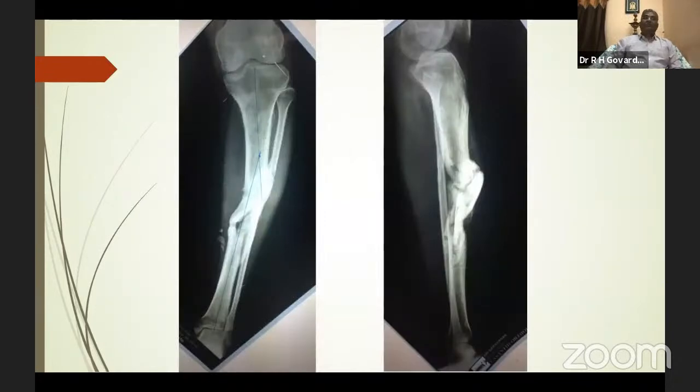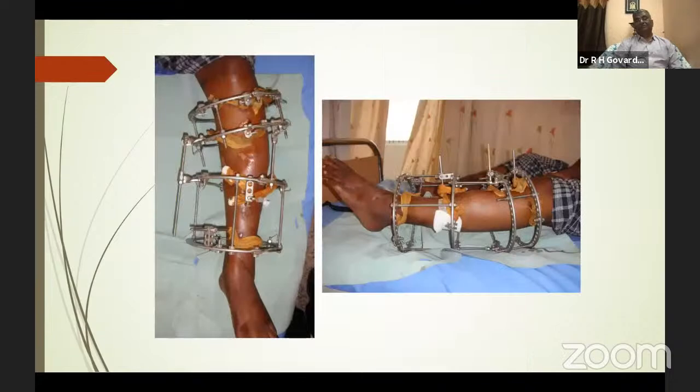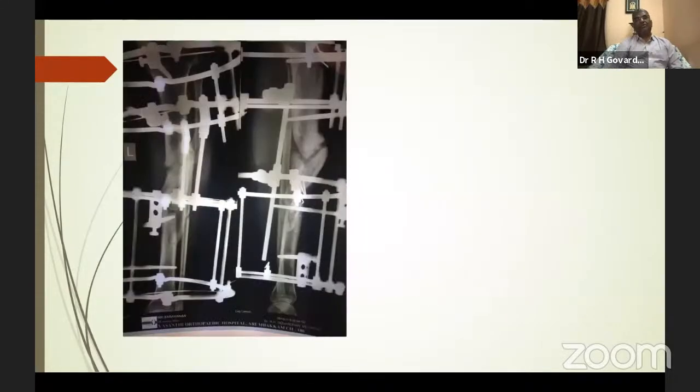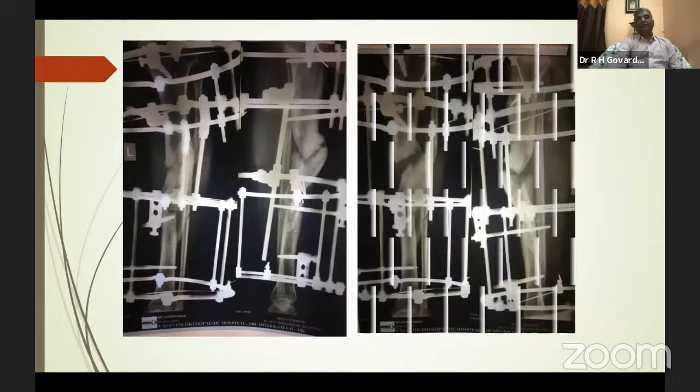This is an example of a boy who had a hypertrophic type of non-union. You can see the apex of the deformity; you have to fix adequately the proximal and distal ring. You have to use 2 rings above, 2 rings below, put a hinge at the level of the apex of the deformity with a distraction unit on the opposite side, and gradually distract the non-union side.